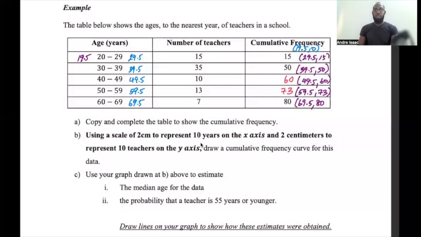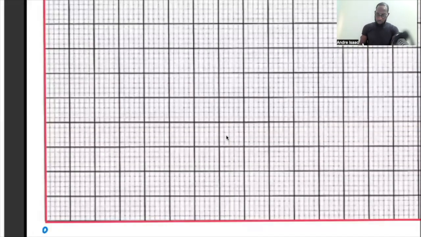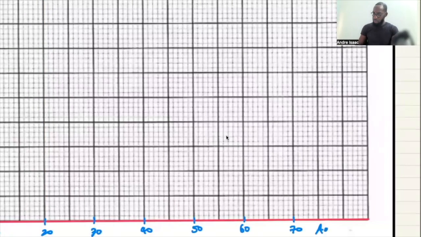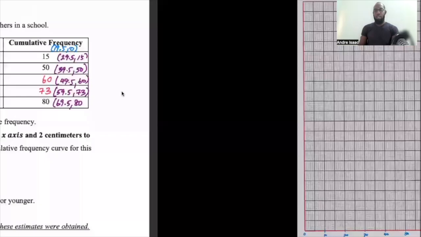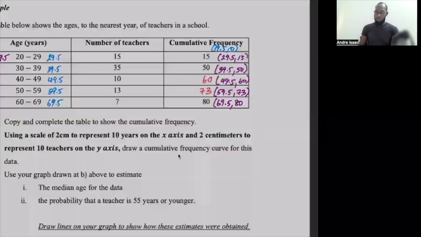Two cm to represent 10 years on the x-axis. This is ages. 2 cm to represent 10 teachers on the y-axis.